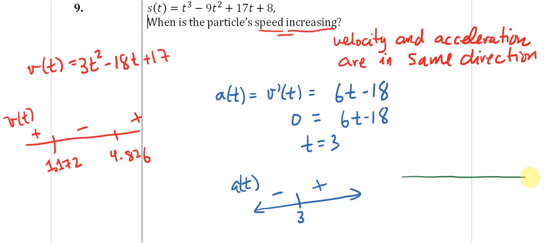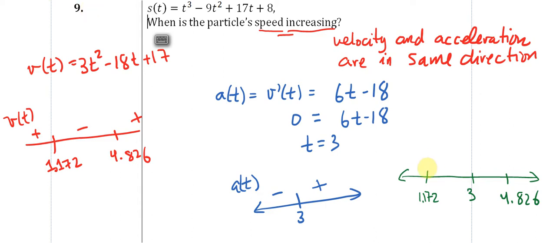We're going to put all these numbers on there: 1.172, and then 3, and then 4.826.